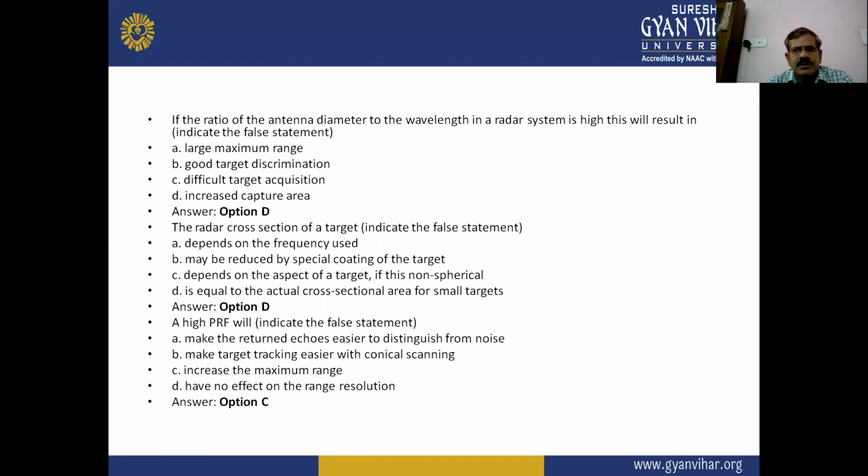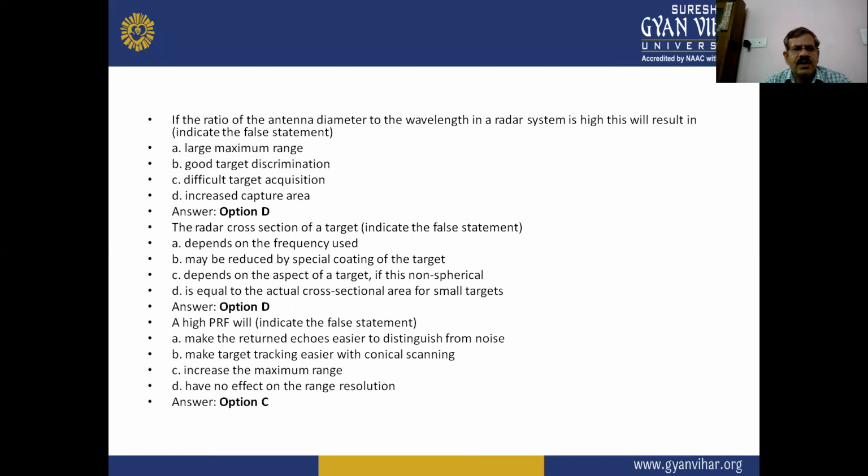In the next question, if the ratio of the antenna diameter to the wavelength in a radar system is high, this will result in, indicate the false statement. Option A, large maximum range. Option B, good target discrimination.